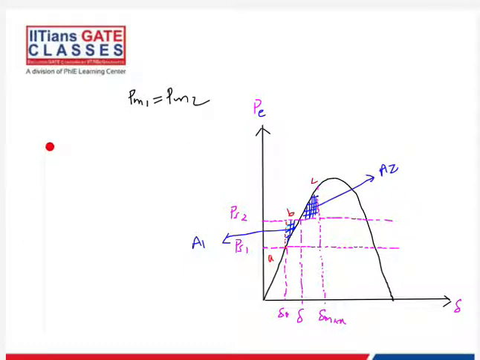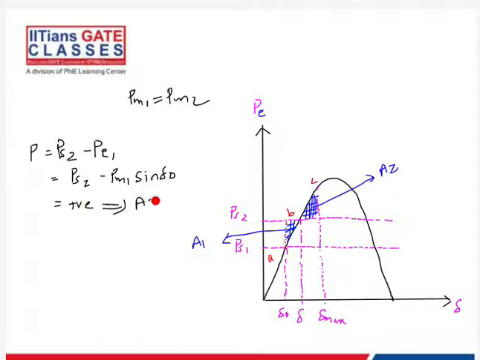So what will happen? We will have the new mechanical output PS2, but at the instant of change, the electrical output would be the same. So that would be PS2 minus PM1 sine delta 0. This would be positive, which will cause acceleration.